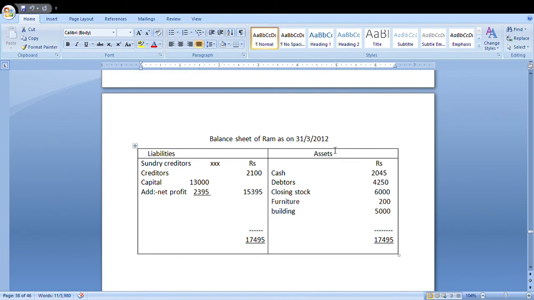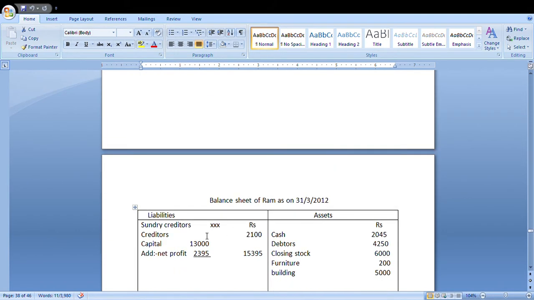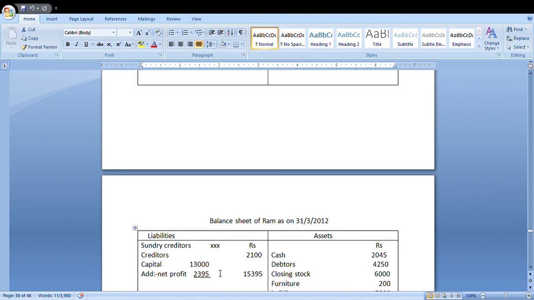Any asset you identify in the problem, enter on the asset side. Any liability you identify in the problem, enter on the liability side. Balance sheet of ROM as on 31st March 2012. Only liabilities and assets are entered. No expenditures, no incomes.